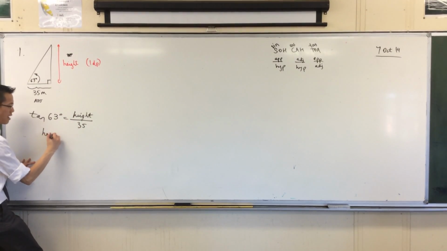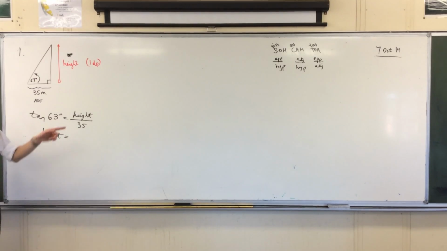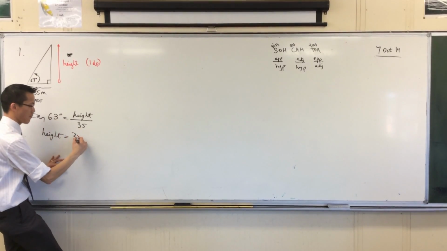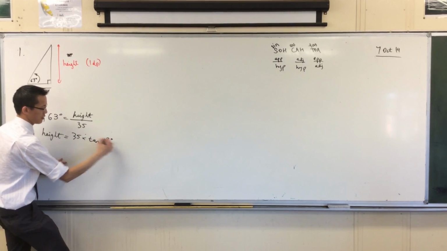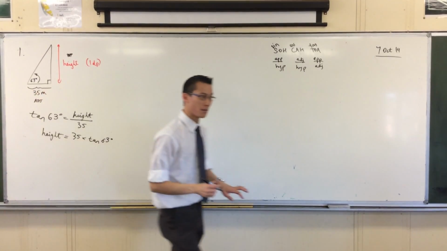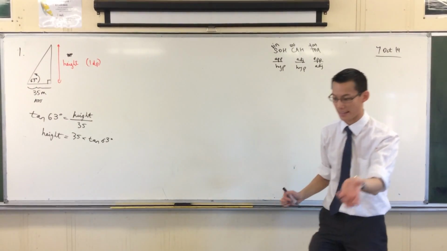The height is equal to, if I multiply both sides by 35, that'll get rid of the fraction, 35 times tan 63. So there we go. I've done all of the bits that I need with my brain. Now I reach for the calculator.